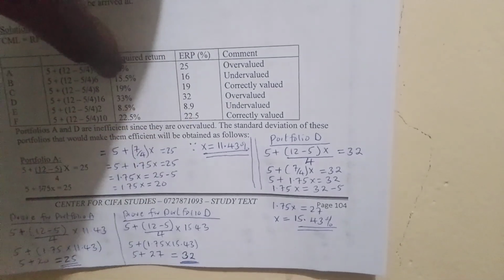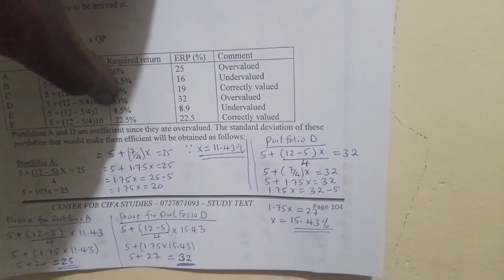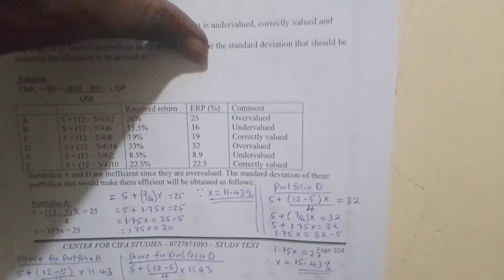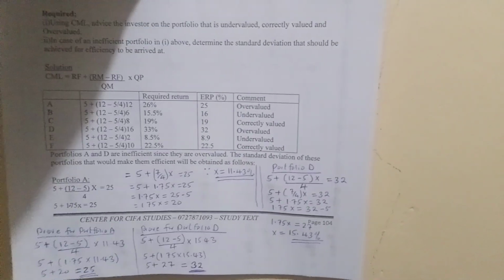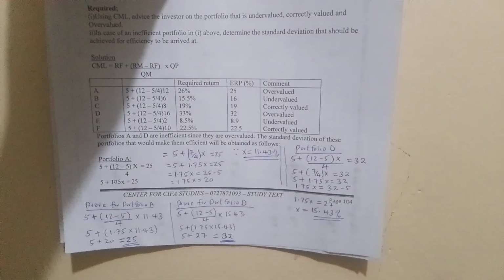So you can see the required return will be 32, the expected return will be 32, and therefore that portfolio will be correctly valued.